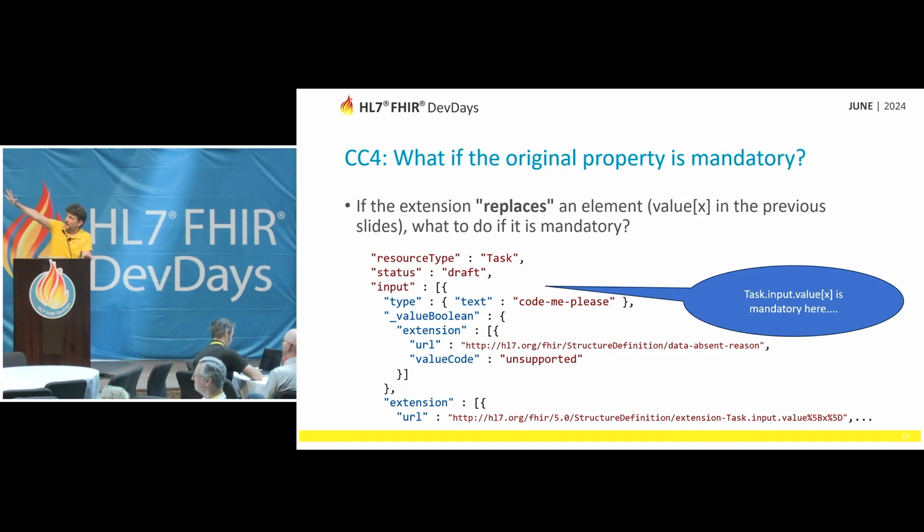And then we can add the extension that replaces task.input.valueX. No, I'm not happy about that. I remember discussing this in the September workgroup meeting, and I think this was the best solution we could find. It works, and luckily I don't think it happens a lot, but it's there.